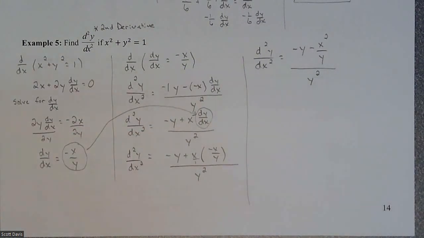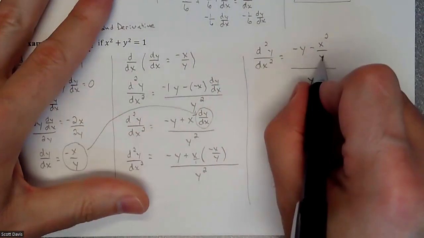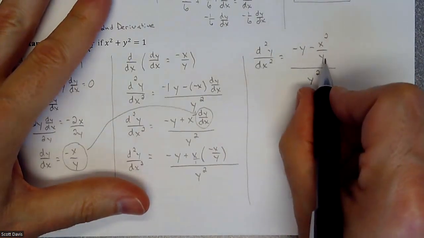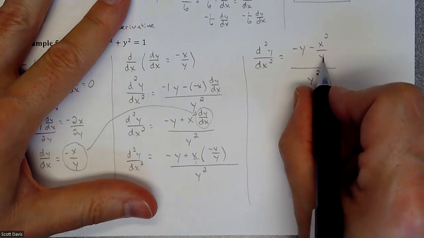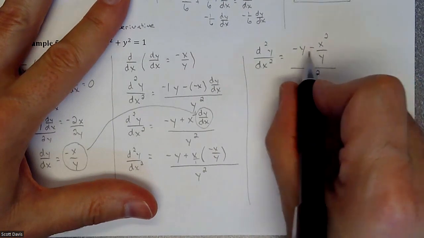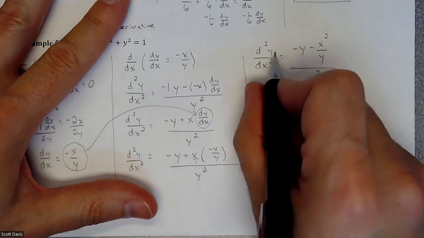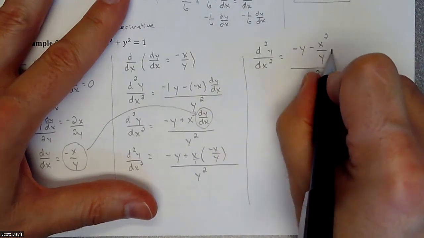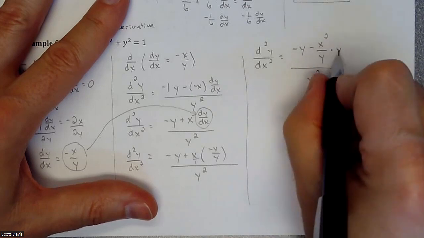And there's one nice step that'll kind of clean this whole thing up. And it's all about what our common denominator is. We don't have any other denominators other than y. So we're going to take every single piece and multiply it by y. So we're distributing a y to the top, we're distributing a y to the bottom. And it has one goal in mind, and that is to clear out this fraction.